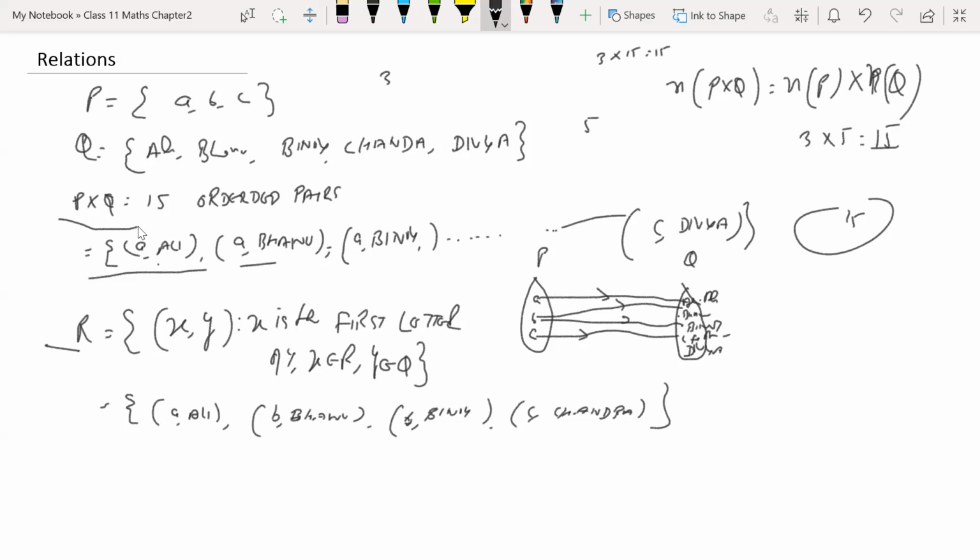The second element is the image of the first element. Then the set of all first elements in a relation from a set A to a set B is called the domain. The first element is called the domain. The set of all second elements is called the range.